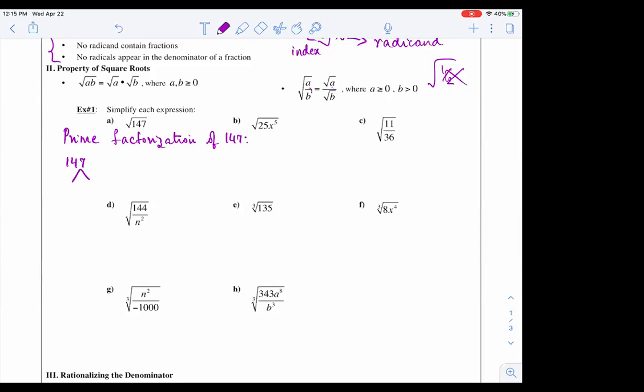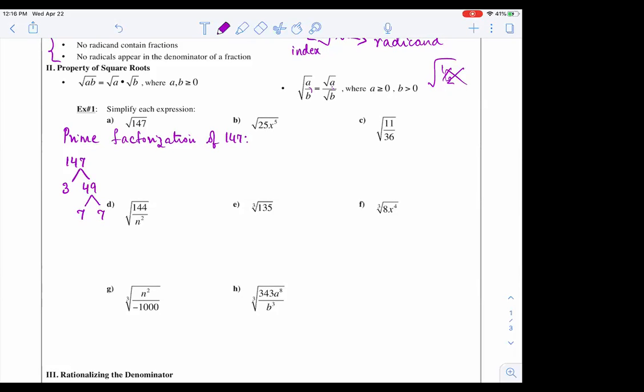3. How many times does 3 go in 147? 49. Now we have to split the 49. And I think that you guys know it's 7 times 7, because remember, before the break, we memorized all those perfect squares.